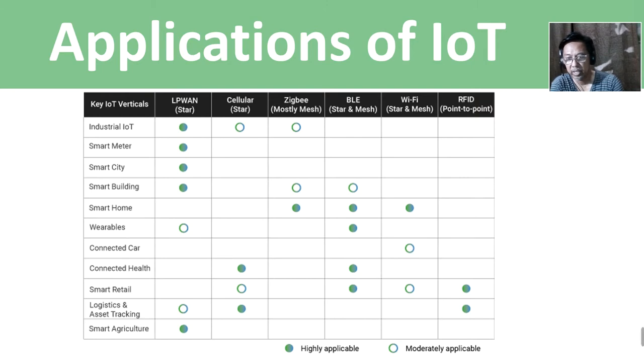And logistics, asset tracking, it could be RFID if it's on site, and then cellular also, LPWAN. So most likely it would use cellular or RFID. And then smart agriculture, so it's LPWAN. These are just some of the applications and their corresponding IoT technologies.